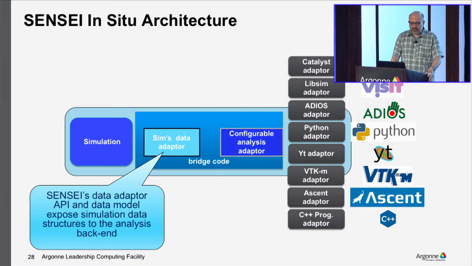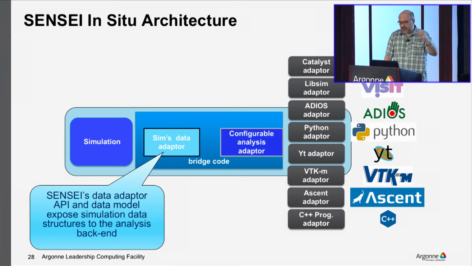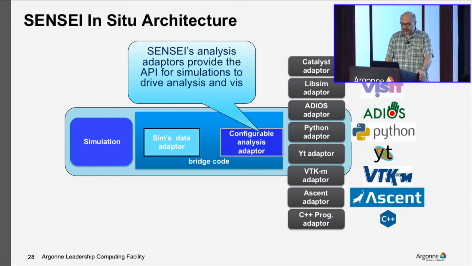So the data adapter implements the SENSEI API and gets the data from the simulation. Then there are the different analysis adapters. Here we're showing the configurable analysis adapter, but you can write your own analysis adapter and make it part of SENSEI as well.